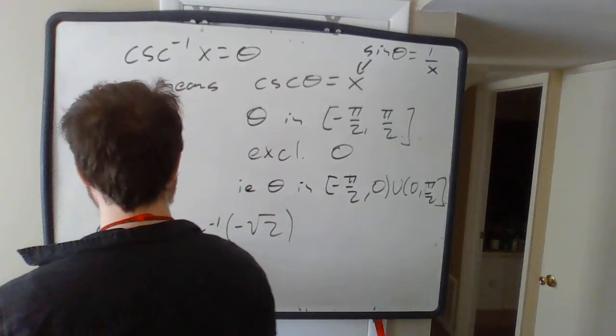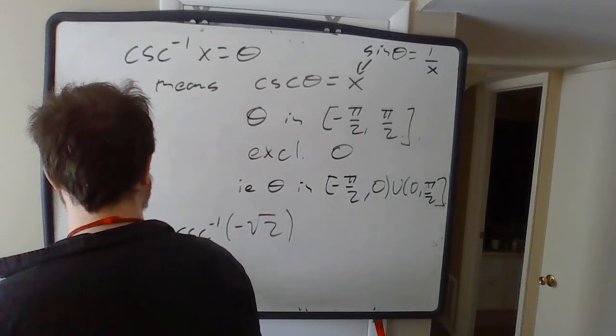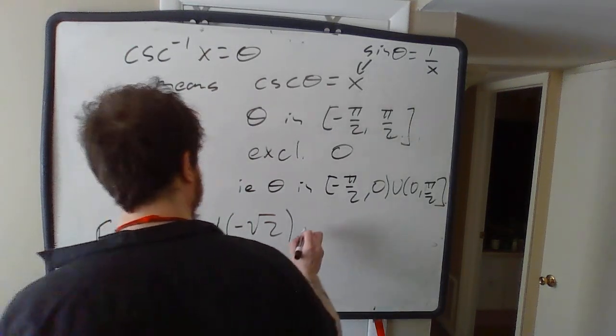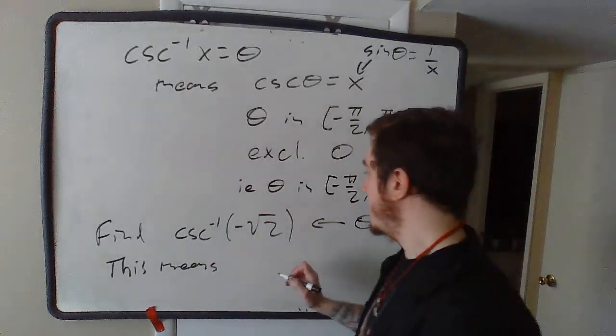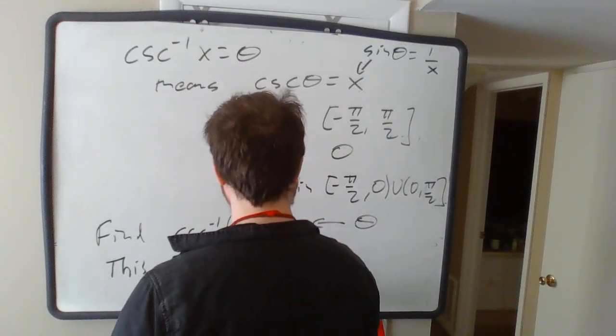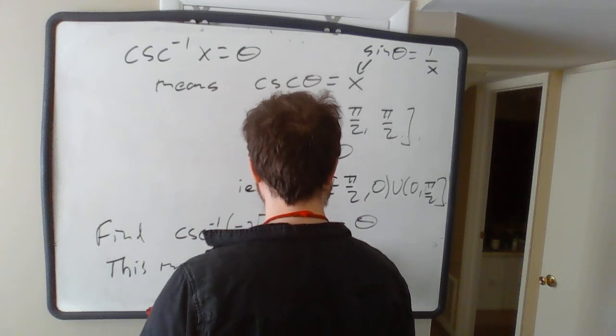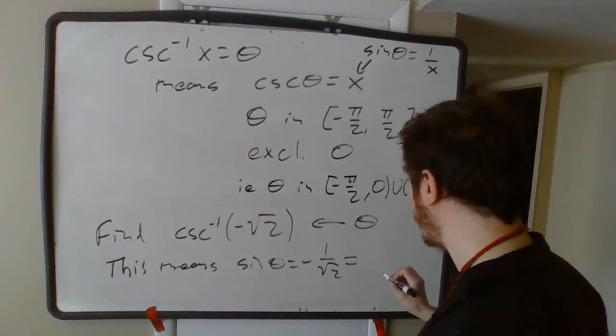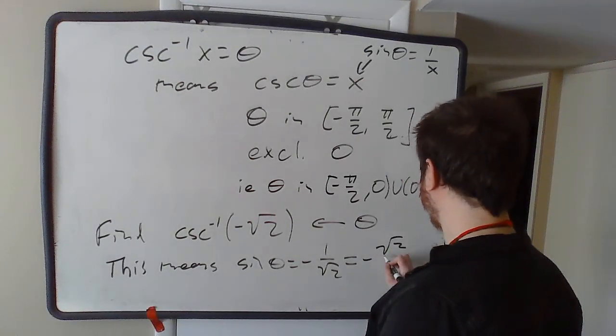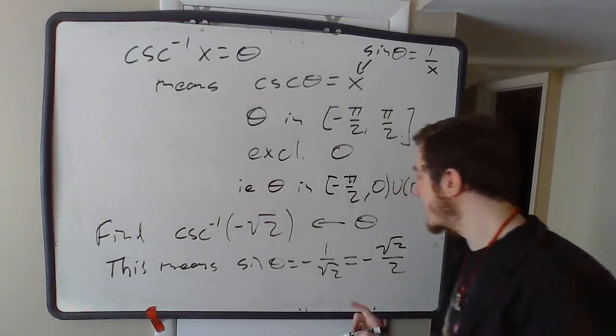But what we can say is that if I call this theta, this means that the sine of theta is equal to negative 1 over the square root of 2. Now, negative 1 over the square root of 2 is actually negative square root 2 over 2.